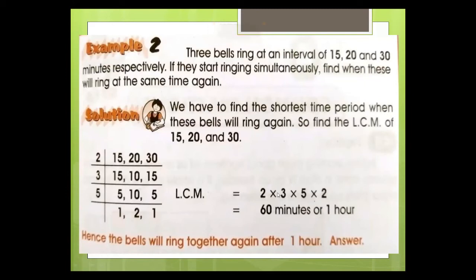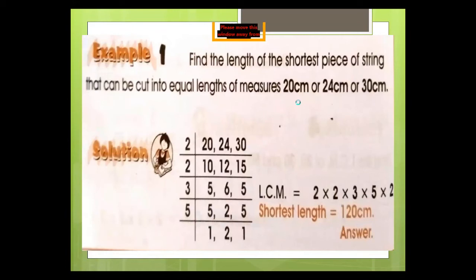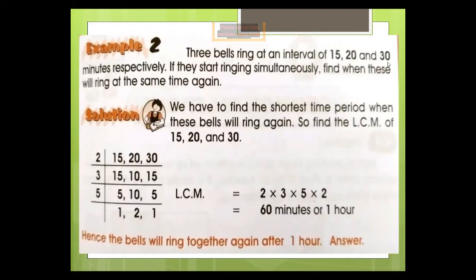And if we multiply all these numbers, 2 into 3 is 6, 6 into 5 is 30, 30 into 2 is 60. The question is in terms of minutes. In the previous question number 1, the unit was centimeter, so we took the answer in centimeters. But here the unit of time is minutes, so we write it in minutes. 60 minutes is also equivalent to 1 hour.